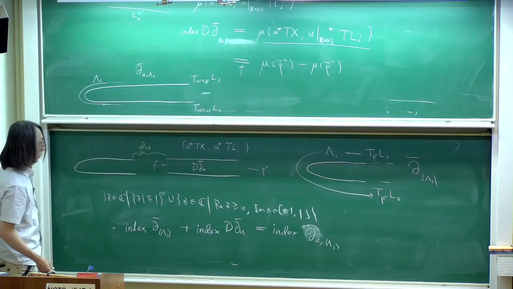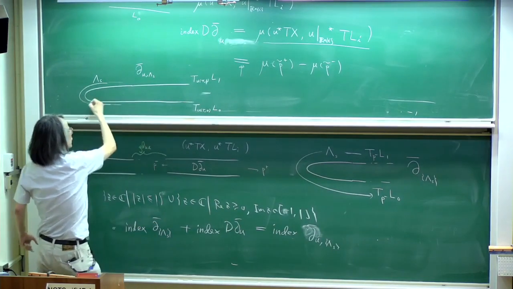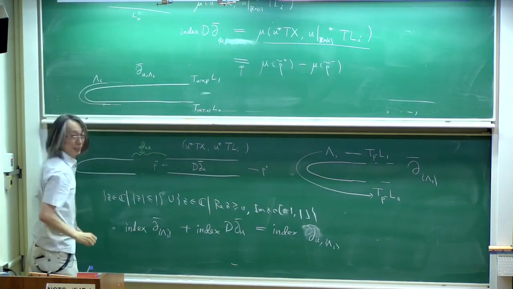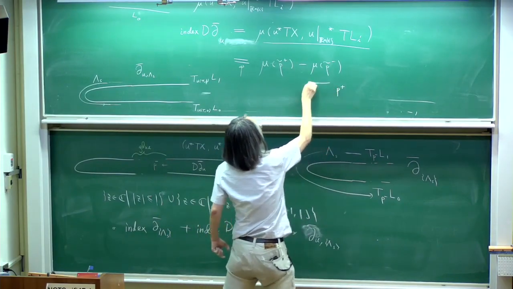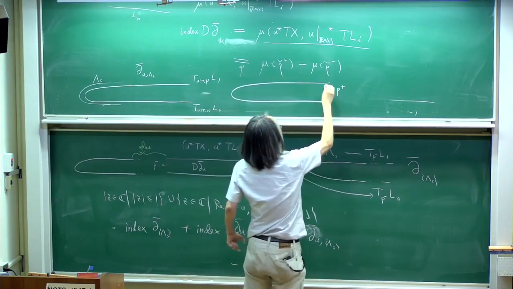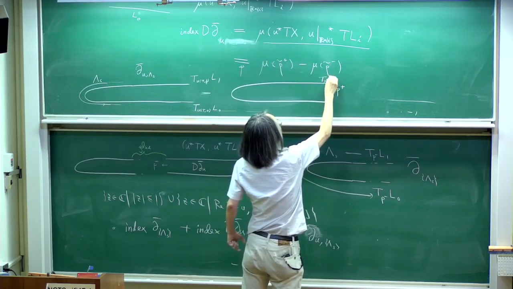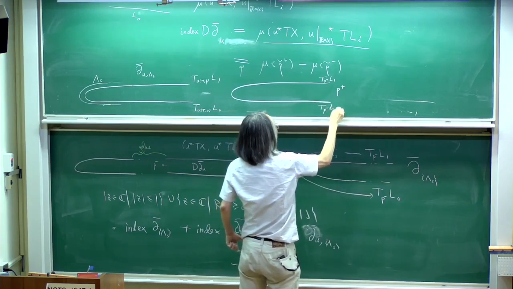Okay. Then somehow we can regard this as a path at p plus, right? Because I have a path, so here I have T of p plus of L1, and here I have T p minus of L0.